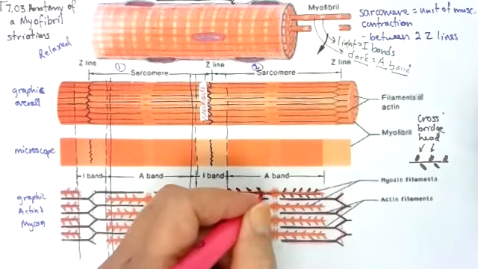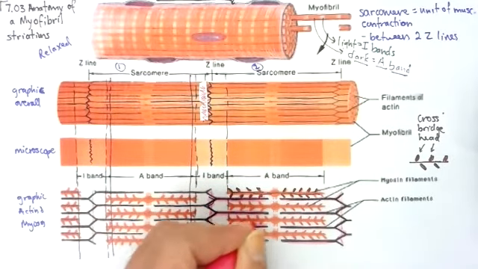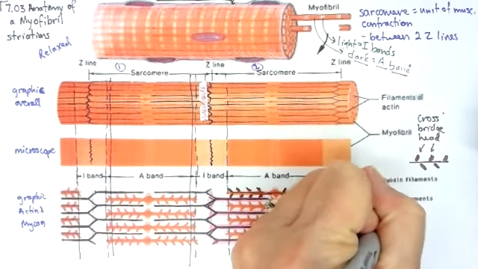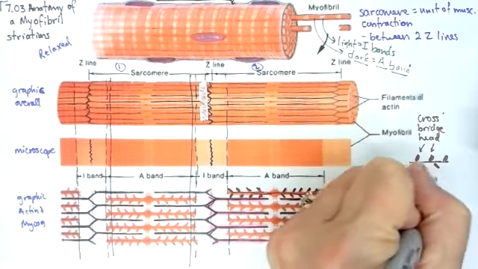Show up as well as I wanted it to. How about that? A little better. And over here as well, you can see that the actin anchors to the Z line. So let's note that out. The actin anchors to the Z line.